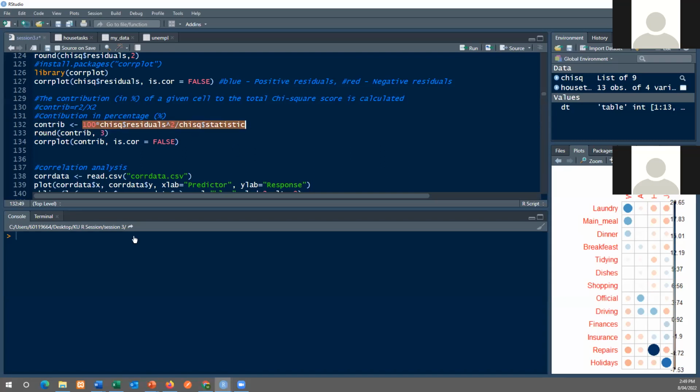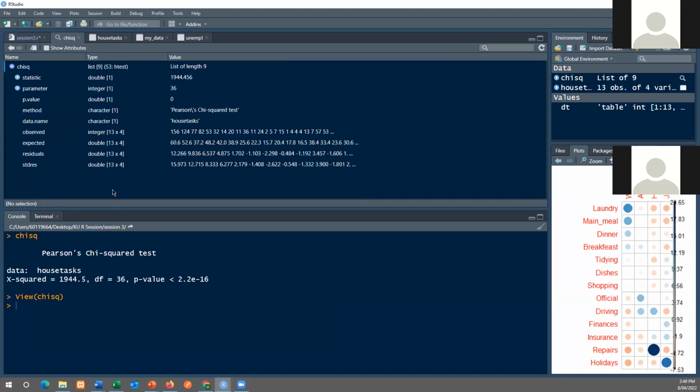For the chi-square result, this variable gives us a few things.